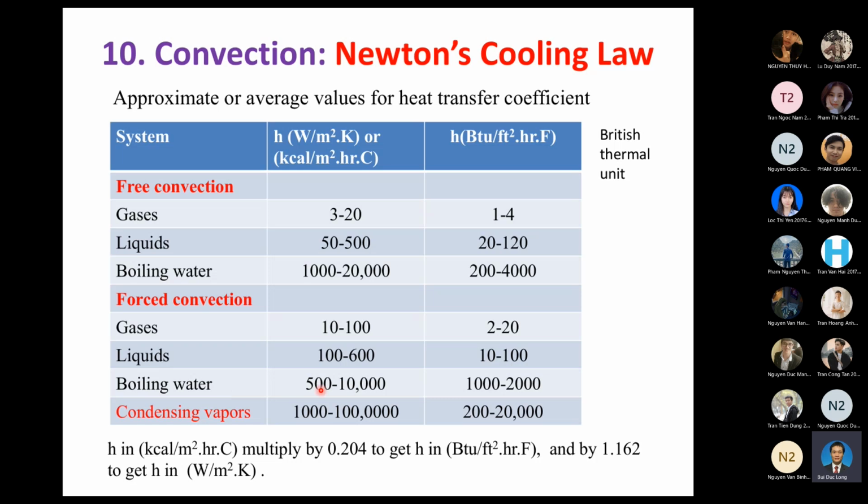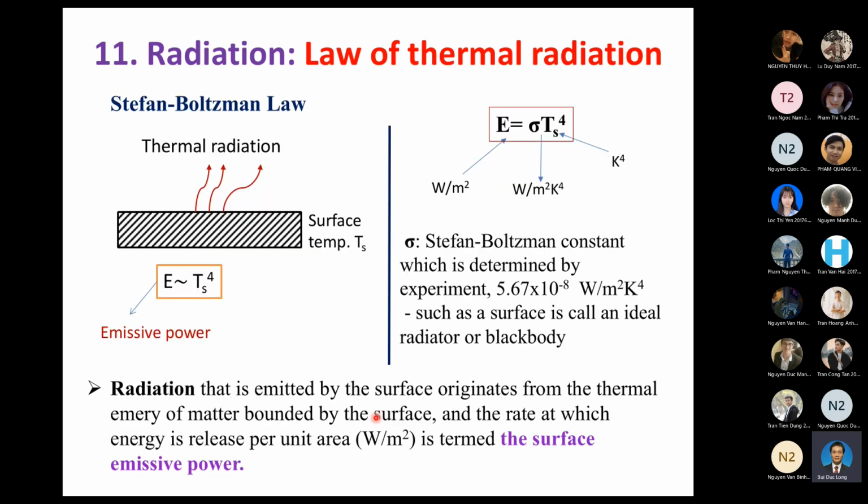Here it can be 10,000. I will check this again. This can be higher, and condensing vapor can go up to 100,000. So you can see from these values.